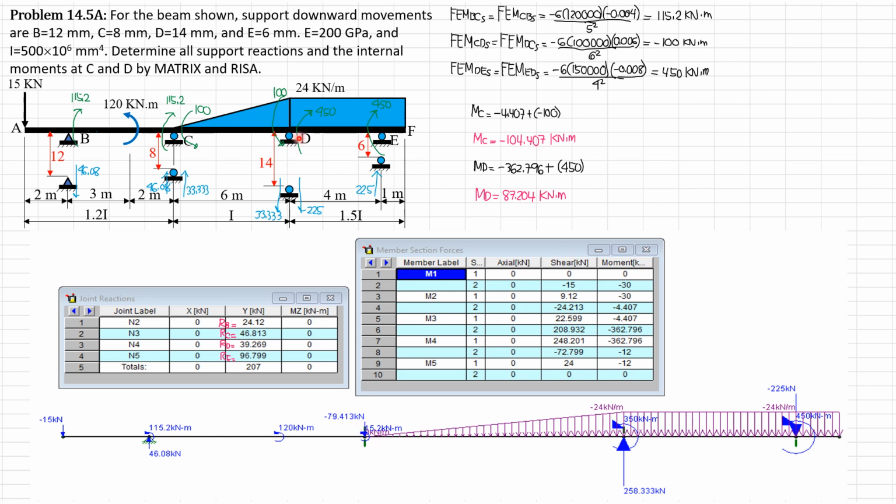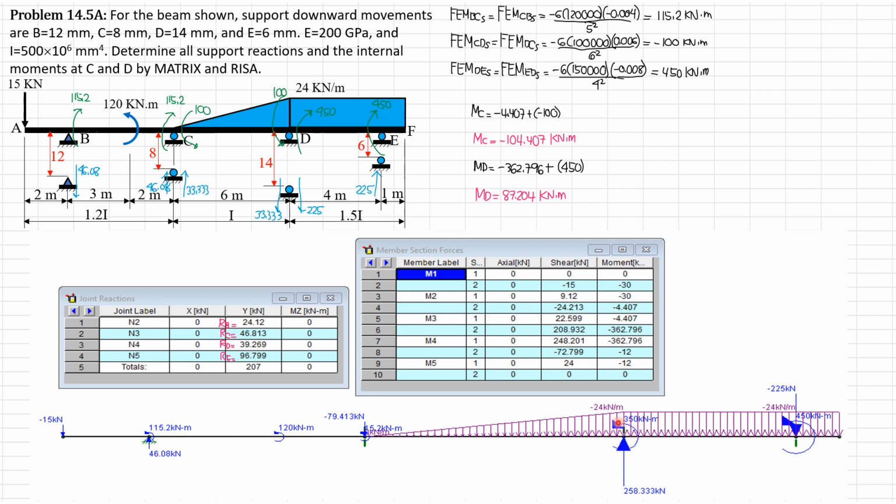At D, for the net couple load, this is clockwise. So 450 clockwise minus 100 is 350 clockwise. So the loading should be 350 counterclockwise, opposite to the clockwise net fixed moment.